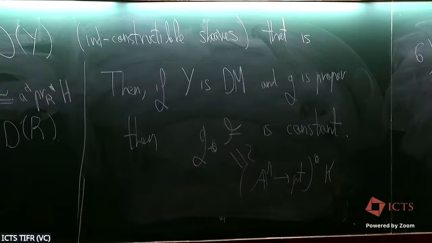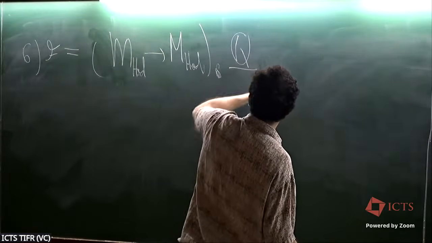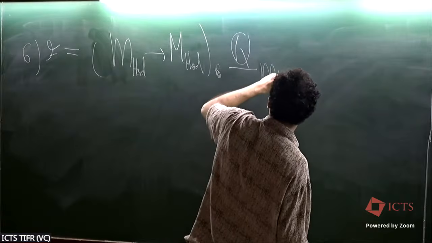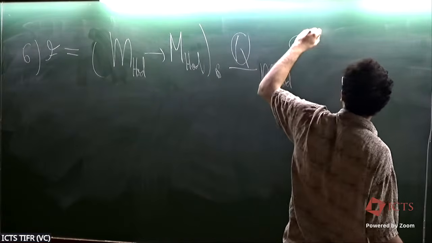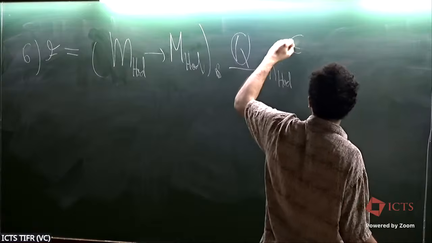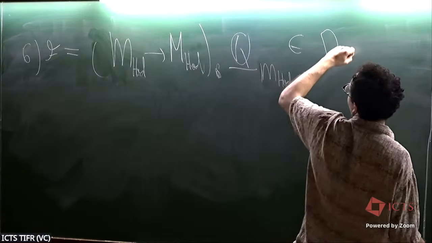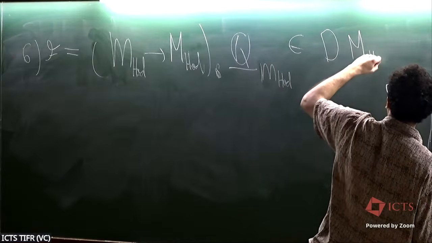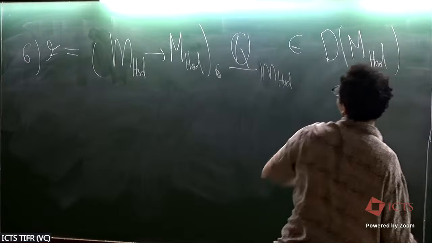If we take curly F to be the pushforward to the good moduli space of this constant sheaf on the Hodge moduli stack, this is going to be a sheaf on the good moduli space of the Hodge stack.